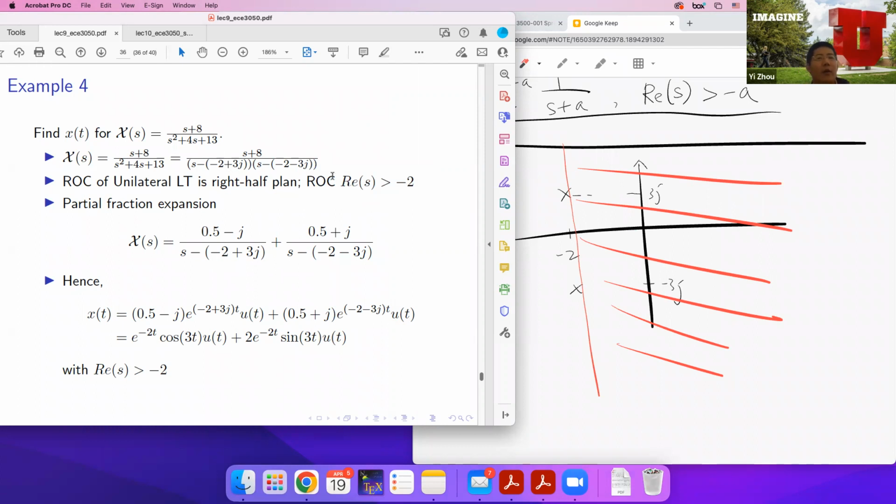Now we have the region of convergence, so the rest is to find the inverse. We do a partial fraction expansion, a very standard step. And then from here, we can figure out the inverse.